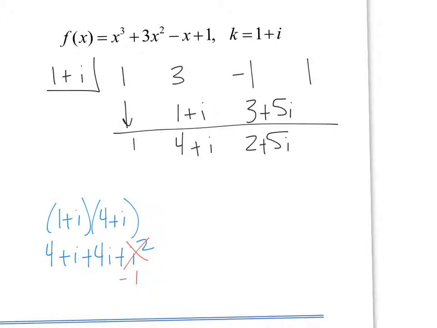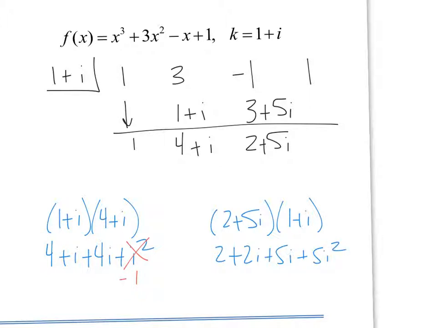And now I have to do one more time another FOIL. I know it's a little bit annoying, you guys, but you're fine at foiling. Foiling is supposed to be easy. It's a little bit annoying that you have to kind of write it out. I wouldn't recommend foiling in your head on these just because of the i's. It makes it a little bit different. So 2 plus 2i plus 5i plus 5i squared. Yes, that changes the 5i squared to -5.